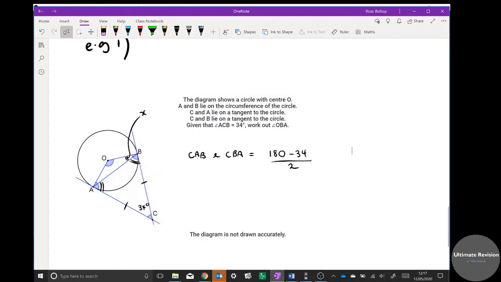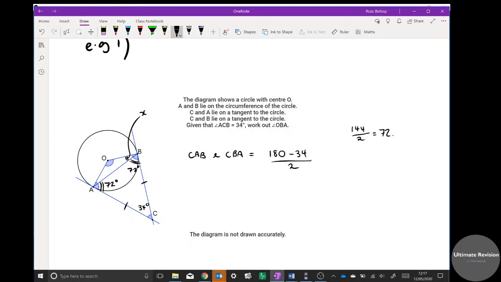So, what's that going to be, 144 over 2, 72. Okay, so I think that there, 72 degrees, they should all add up to 180, if I've done that correctly. Okay, so that's the first bit.